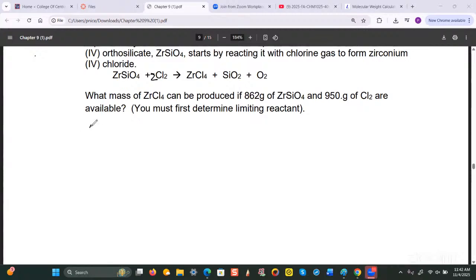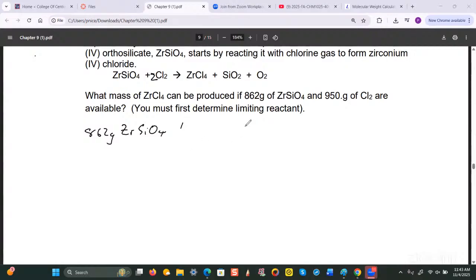Okay, so let me hear what you guys have to say about this. How would you go about solving this problem? What would be your first step? Turn everything into moles. All right, so let's start off with the 862 grams of this compound.